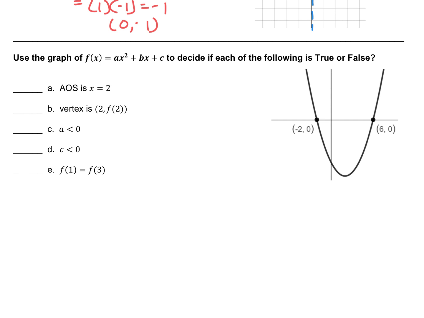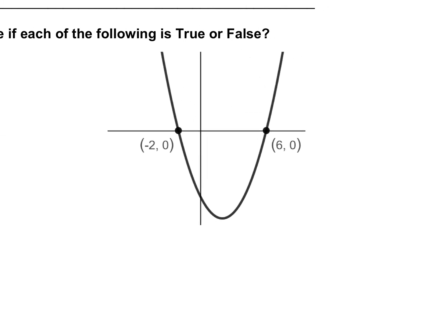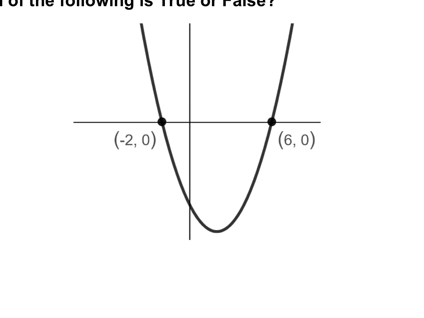And the first one says axis of symmetry is at x equals 2. So I can look at my graph and go, okay, well, what is exactly in between 6 and -2? The whole distance is 8 units.